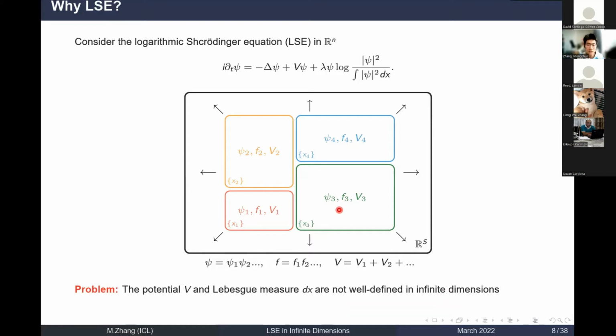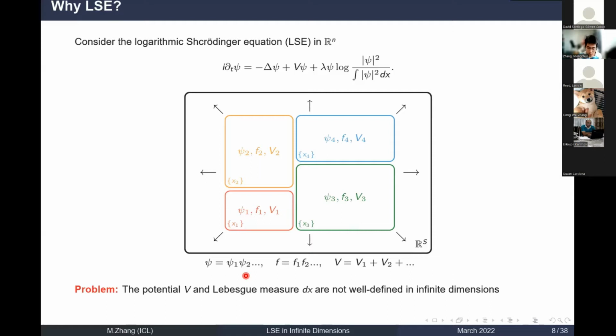For example, if you consider a uniform potential field, like the gravitational field or the magnetic field, then V1, V2, and V3, all these potentials will be uniform instead of decaying. Therefore, your wave will basically blow up in infinite dimensions. On the other hand, this Lebesgue measure dx in infinite dimensions is obviously not well defined. So basically, we have two problems: one for potential, one for Lebesgue measure.